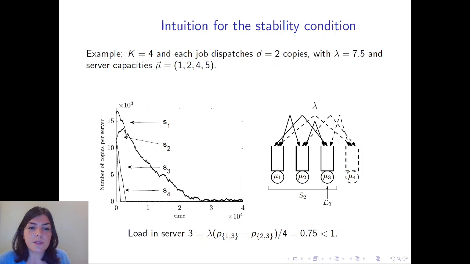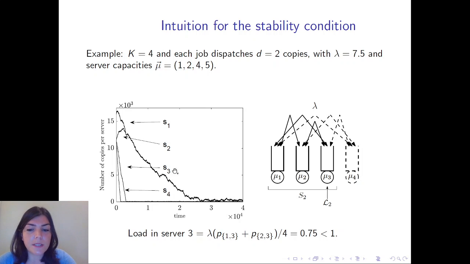Next, we are going to observe the system after the time where server 4 is empty. And we can consider that this is a 3-server system with jobs of type only 1,2, 1,3, and 2,3. So we have this subset of the system. And here we observe that server 3 is the next server that gets empty. Meanwhile, the trajectory of servers 2 and 1 are still either increasing or decreasing.